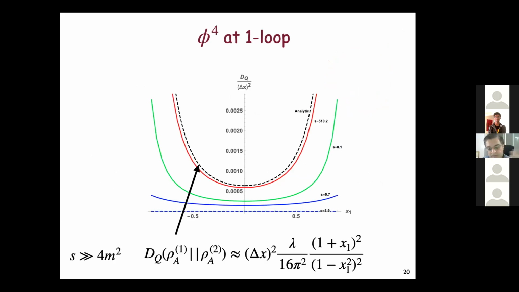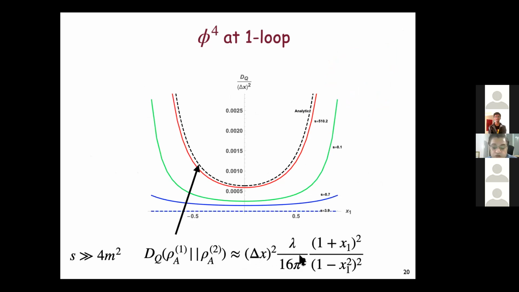And then you can go ahead and study a bunch of standard theories. You can consider phi to the 4th theory. It's fun, once you have a bunch of theories and you know the matrix elements, to go ahead and plot these and figure out what they look like. So for phi to the 4 at one loop, this universal piece dq takes on quite a simple form.